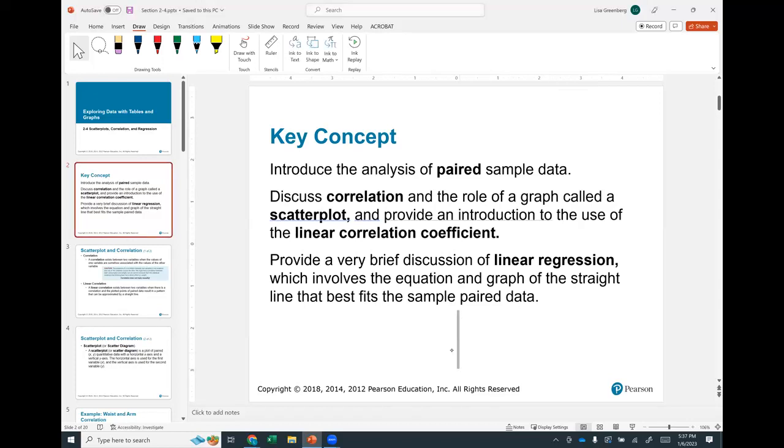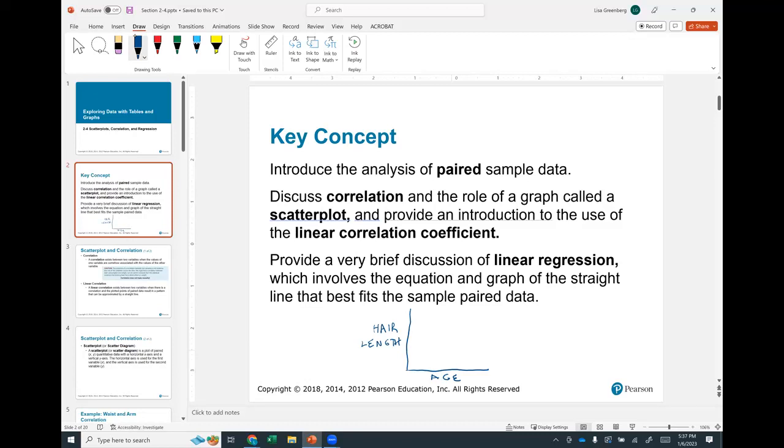So let's say, for example, I have here age versus hair length. I'm sorry if you think this is a dumb example, but that's what I came up with.